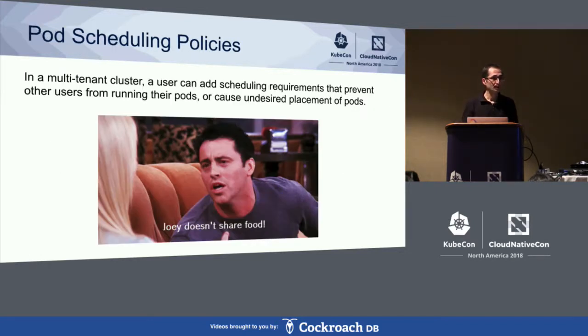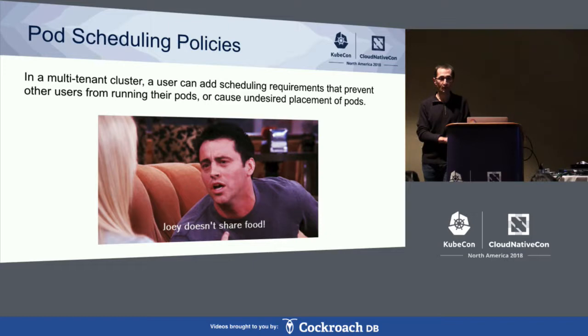And pod scheduling policies. So in a multi-tenant cluster, some users can put certain scheduling requirements on their pods, preventing other users from scheduling their pods or causing bad scheduling behavior in your cluster.